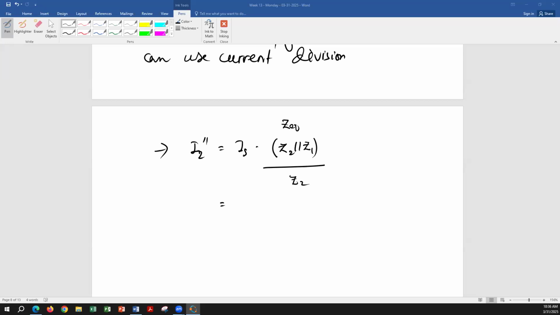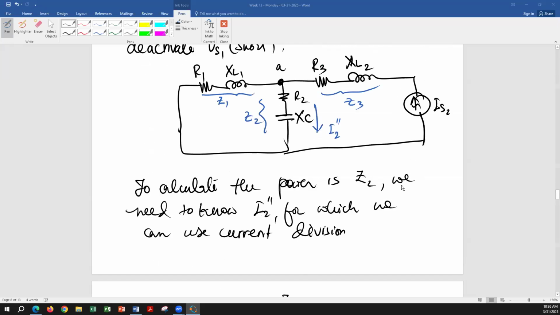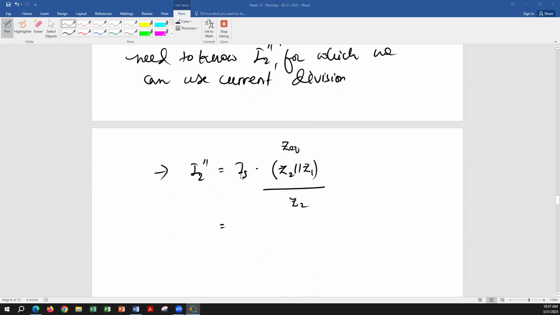Let's see what is defined. IS is undefined. Let me see why IS is undefined. IS2, that's IS2, not IS. Okay. IS2. So let's change the designation. This is IS2, so this is IS2. So I am getting, let's see what I'm getting.